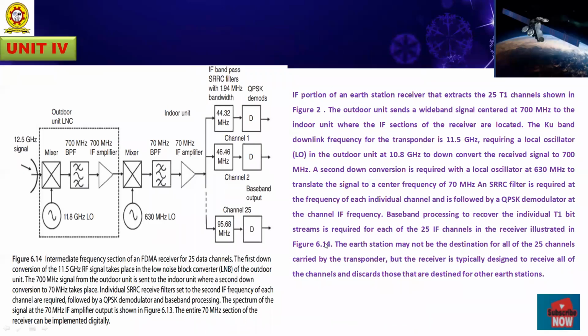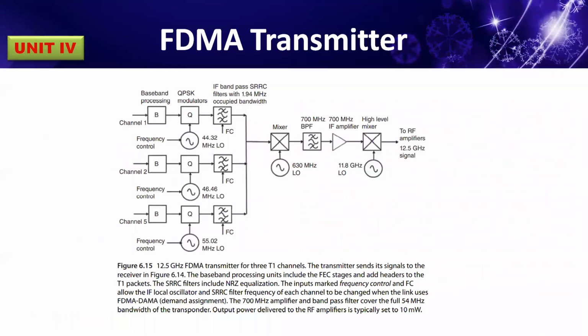Now this 12.5 gigahertz signal is applied to the receiver kit, where it is divided into 25 channels. So what is the key concept here? Before transmission, the kit has only 3 channels, for example.